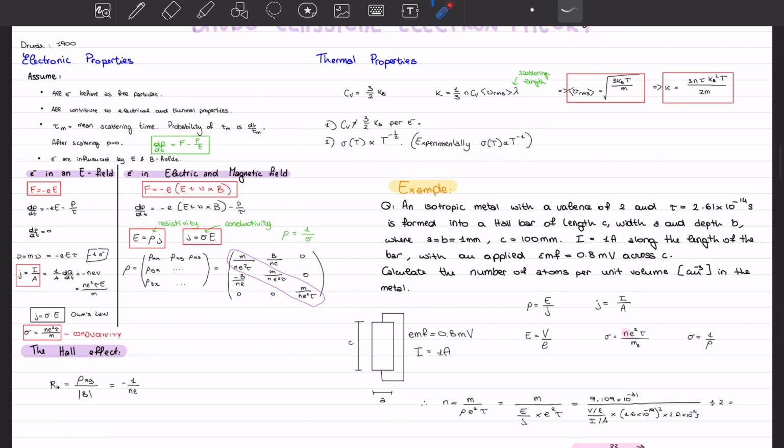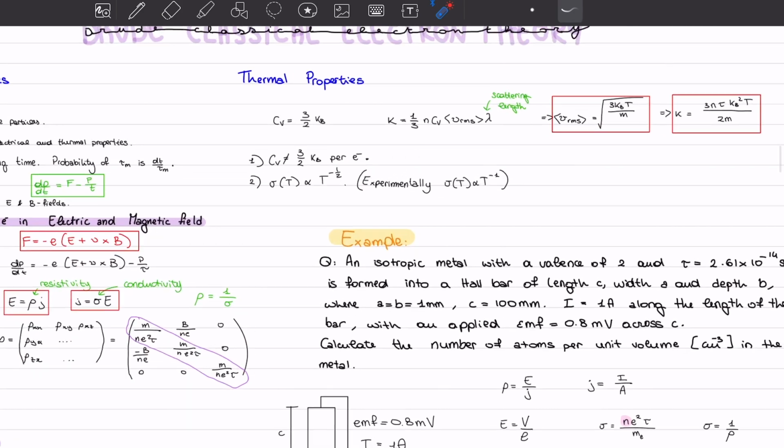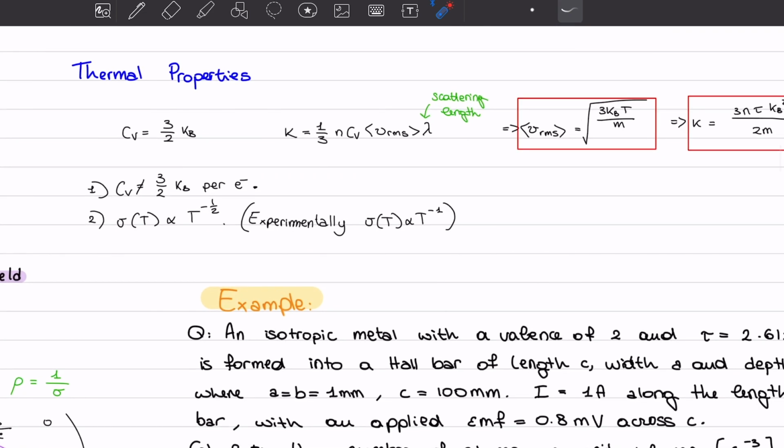So these are all the electronic properties. Now we're going to move into the thermal properties of the electrons in a metal, and we're going to define the conductivity, K. We have this definition of the heat capacity, CV, is equal to 3/2 kB.